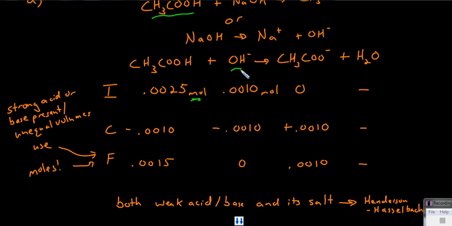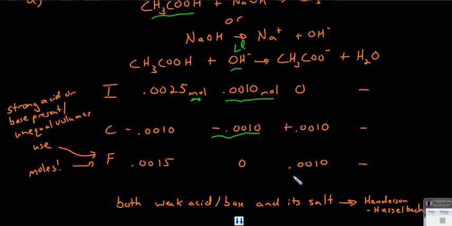And then having a strong base, being that it reacts 100% with this acetic acid, it is all going to react. So the change in the number of moles of hydroxide will be the same as the number of moles of hydroxide that were added, being that this is the limiting reagent in this case. And so you'll be left with no hydroxide left over and only acetic acid and now acetate.